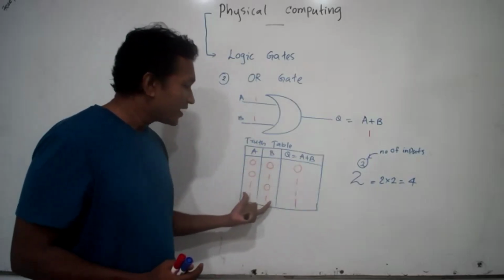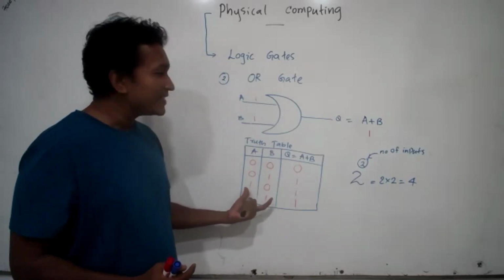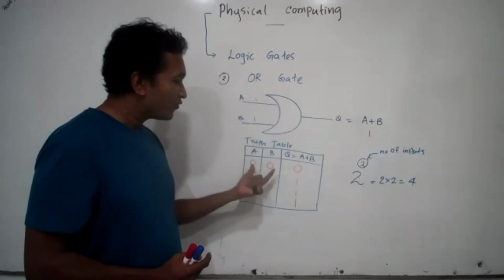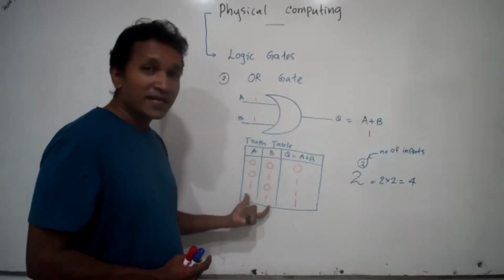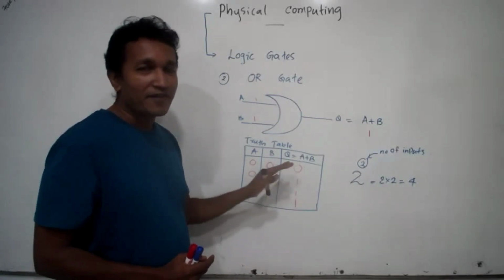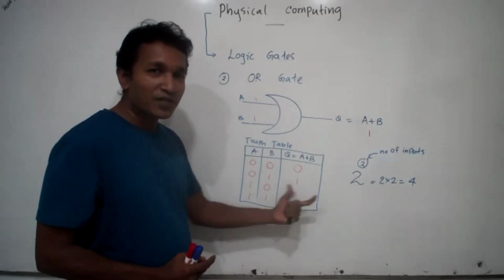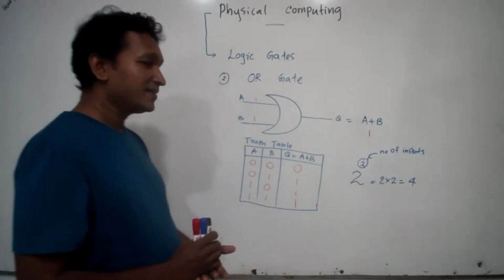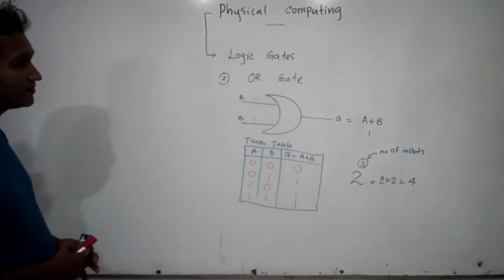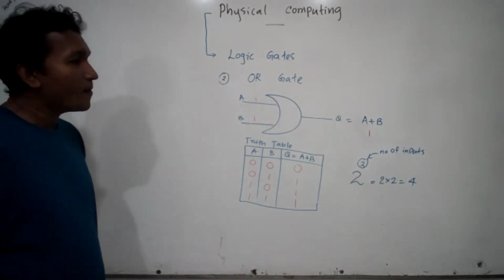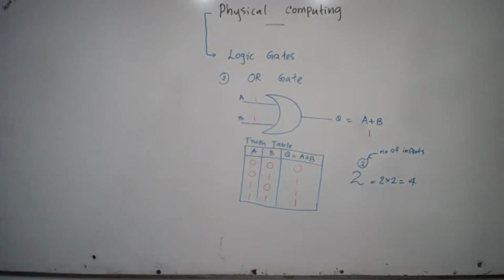There are 4 possibilities in this case because there are 2 inputs, right? For those 4 possibilities, we find the output. With the table, we check the output for every possible event, right? This is okay.